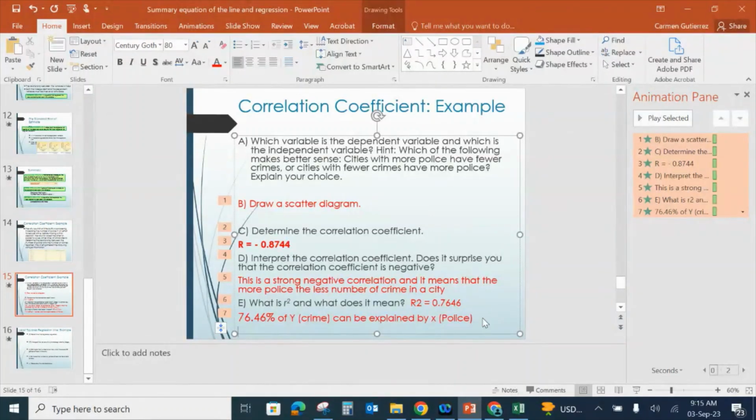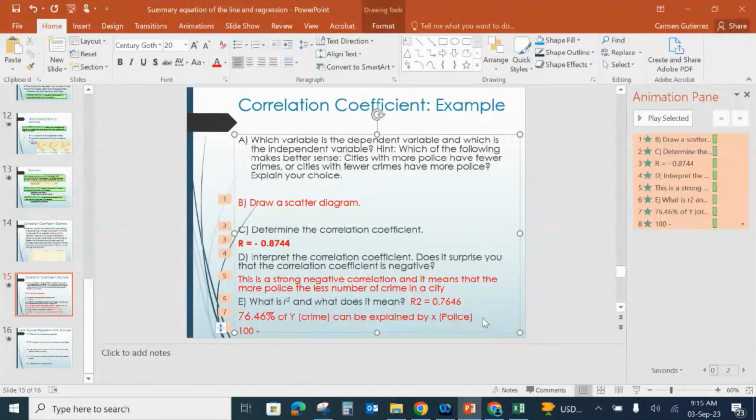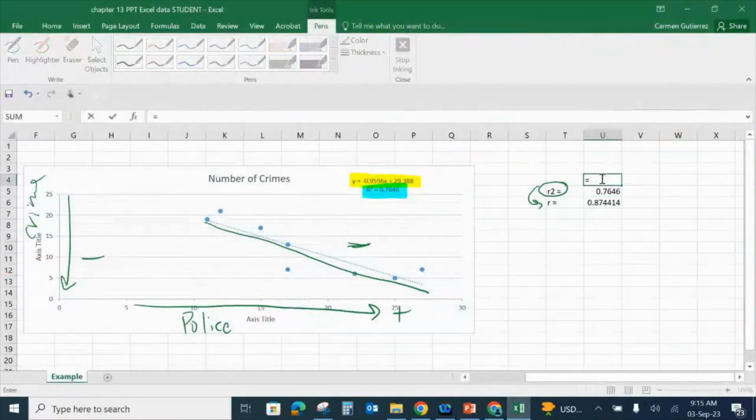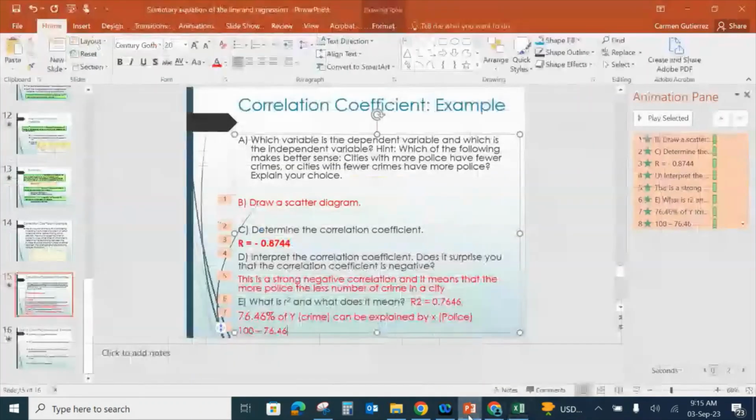So if I do 100 minus 76.46, okay, and I'll do it here in Excel so I can do Excel equals 1 minus, and I just click here, it gives me 23.54. This is what is, you know, if I add both, I will get 100%.